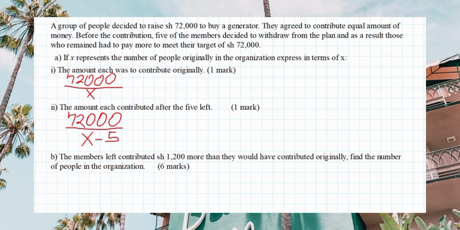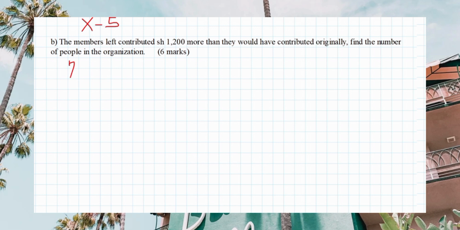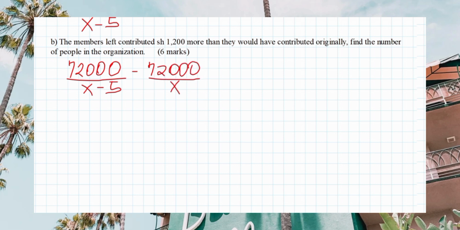So we take the value they are now contributing after the 5 have left, which is 72,000 divided by x minus 5, take away the original amount, 72,000 divided by x. The difference between the new amount and the original amount is supposed to be 1,200. And so in this case, we form this expression.